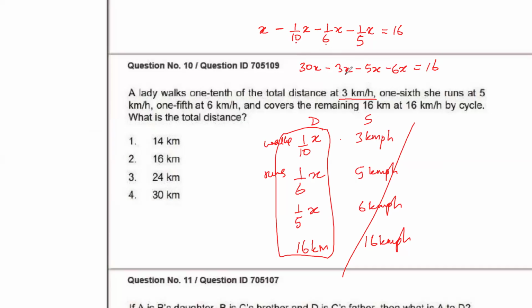And then 30x minus 14x is 16x, which is equal to 16. So x is 1. But we don't have 1, so I made some calculation error. Let me see. Oh yeah, I have to multiply this also by 30. My bad. So multiplying both sides by 30: 30x minus 3x minus 5x minus 6x is 16 times 30. So 16x is equal to 16 times 30. So x is 1 times 30. So the total distance is 30 kilometers.